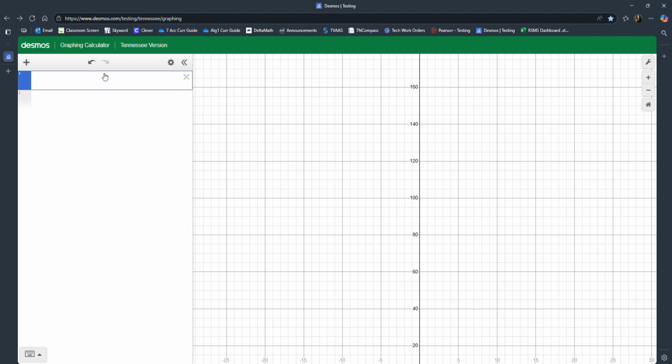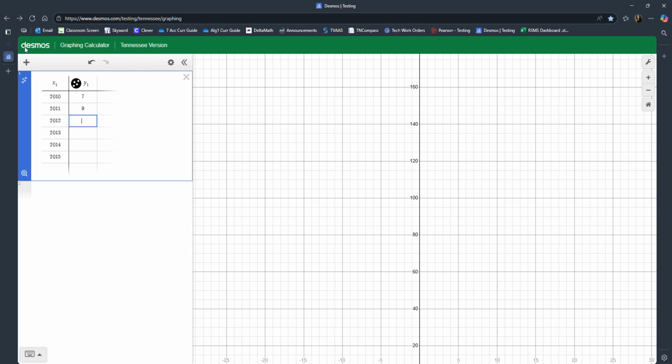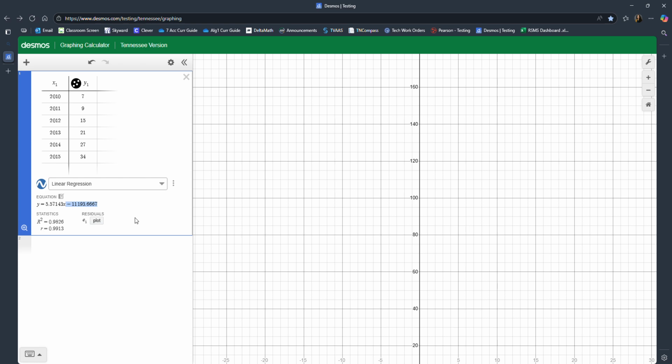And the reason is, if I put 2010 in here, let me show you what this is going to look like, what the equation comes out to be, and then I'll tell you what that equation would mean in the context of the problem, just to explain why we changed the numbers. Okay, so here's my regression equation, and I want you to look at this y-intercept. The Y values in this problem represent percent of total US music sales revenue from streaming.